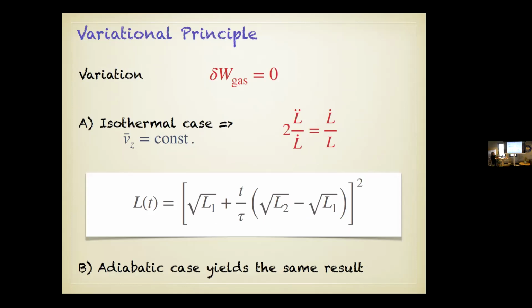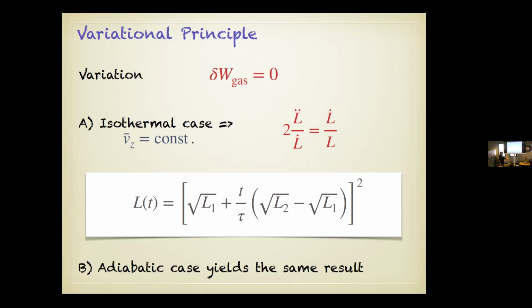Then the next thing you can do is say, now I have my functional that tells me how much work I have to input if I take a particular path L. Now I can do a variational principle and ask which is the optimal path, the path that produces the least irreversible work.